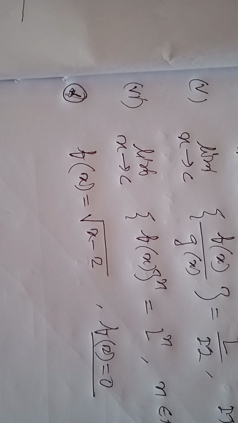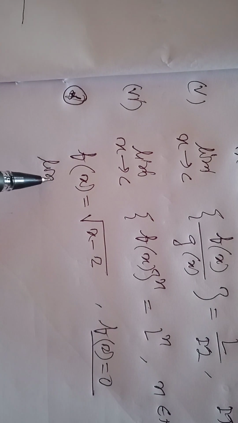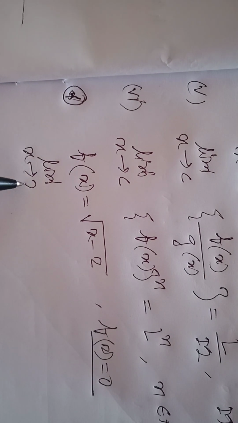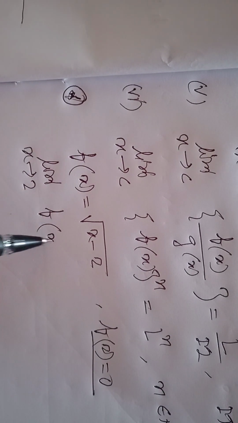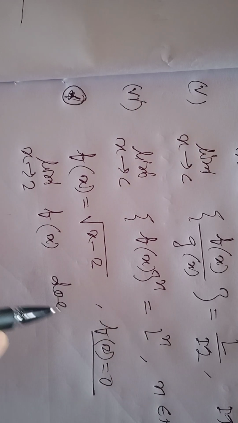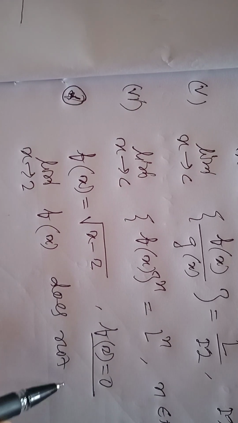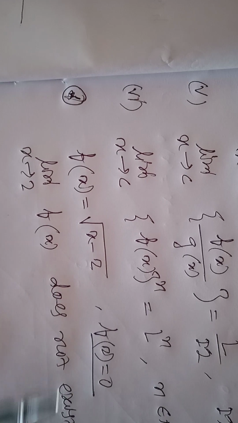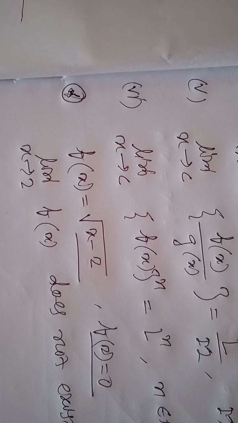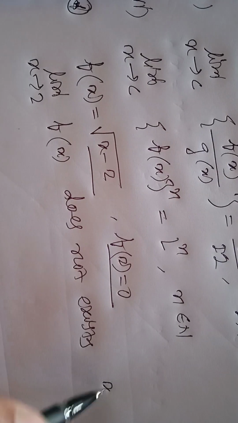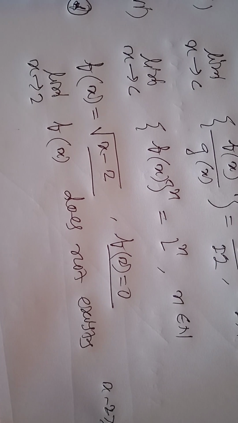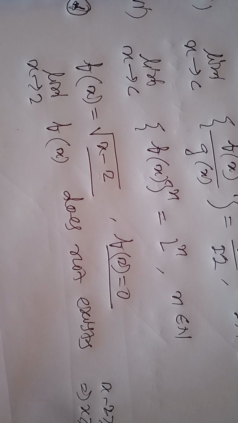Therefore, the limit of this function at x equals 2 does not exist. So we can write here, the limit as x tends to 2 of f(x) does not exist, because for this function x minus 2 is always greater than or equal to 0, that is x is greater than or equal to 2.